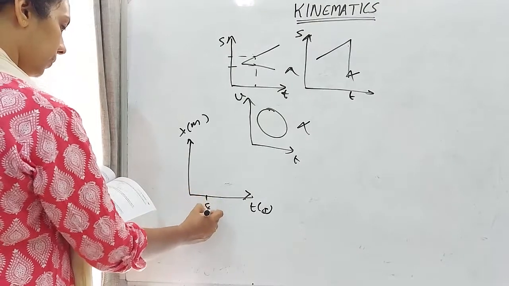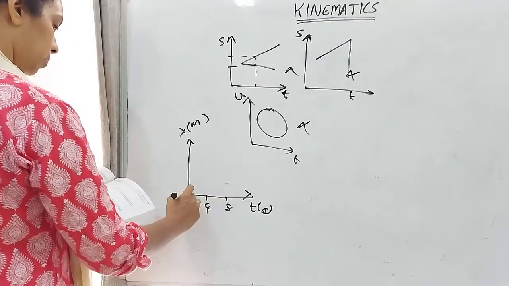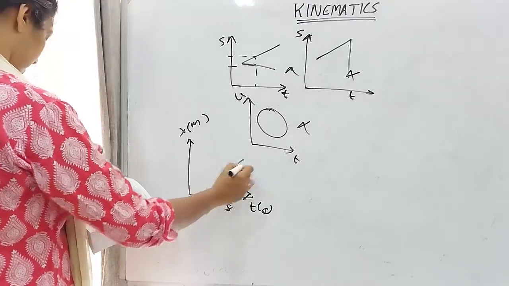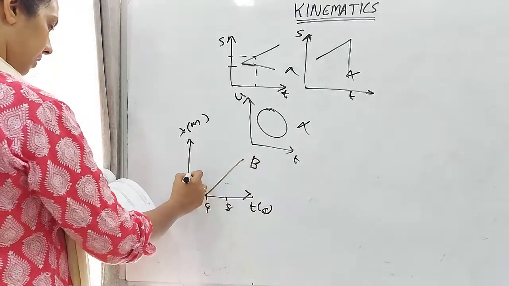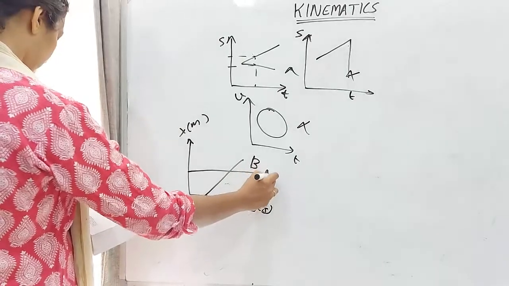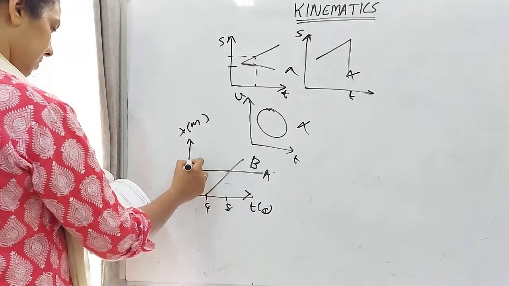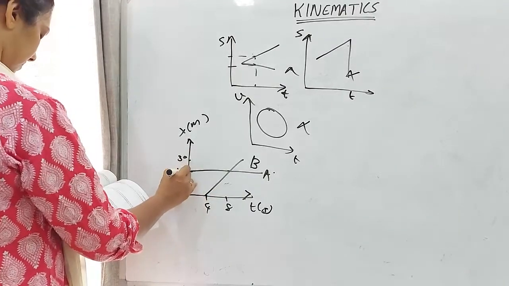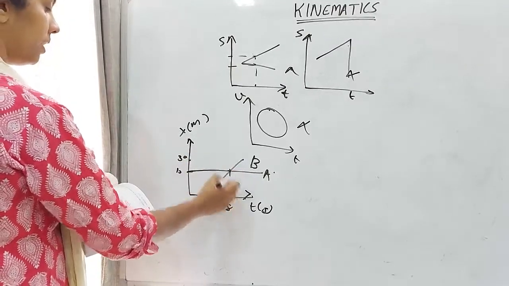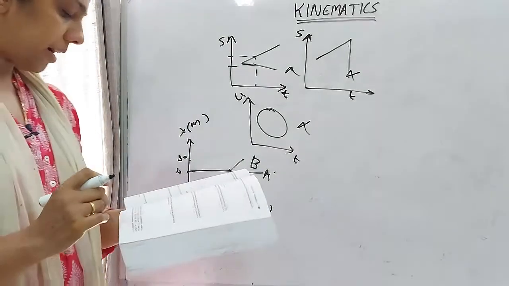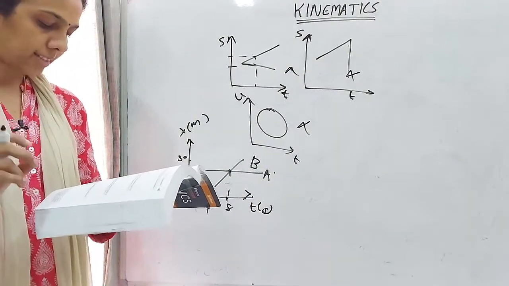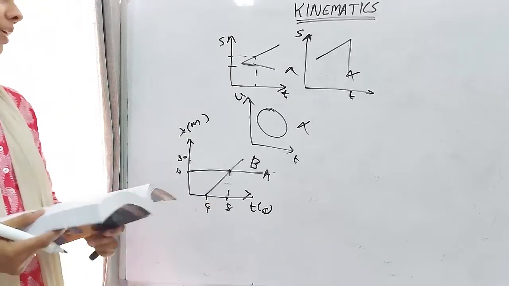Here it is 4 and this is 8, and there are two graphs, one starting from 4, this is B, and another starting from 10, this is A. Here it is 30 and here it is 10. Find the time when the particles start their journey and the x coordinate at that time.